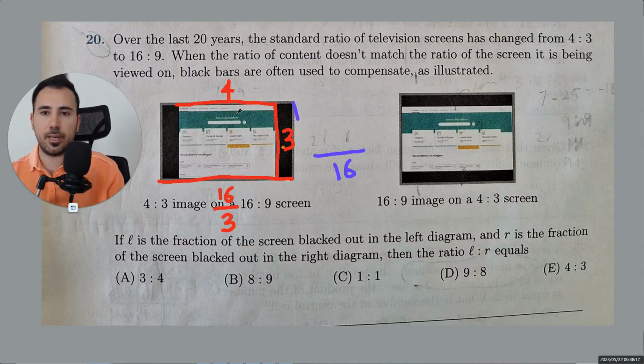Okay, the area of this is 12. This shape is the area of this, 3 times 4. So what is the area of the black bars? 16 minus 12, 4.